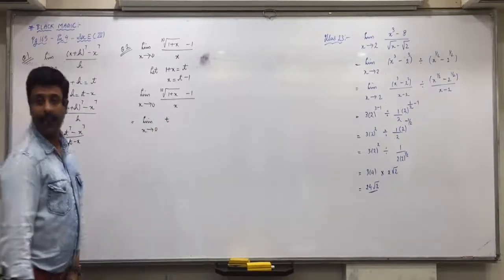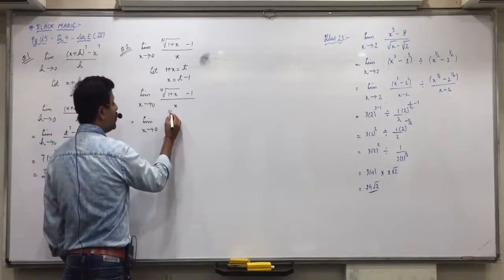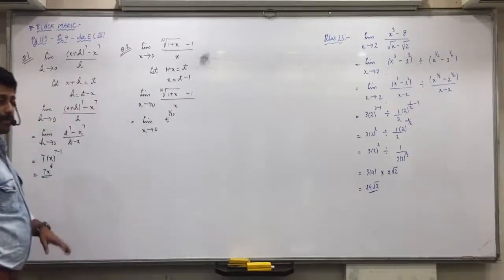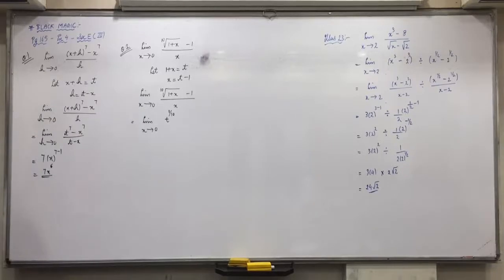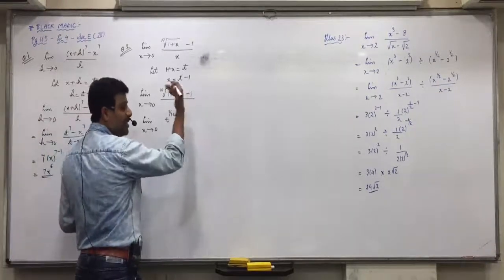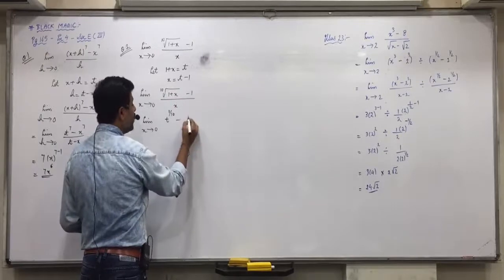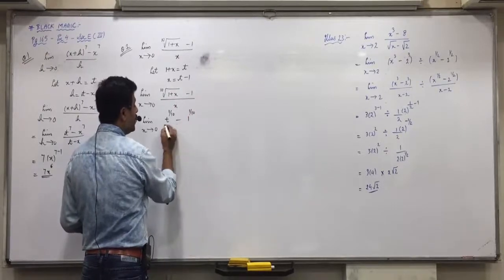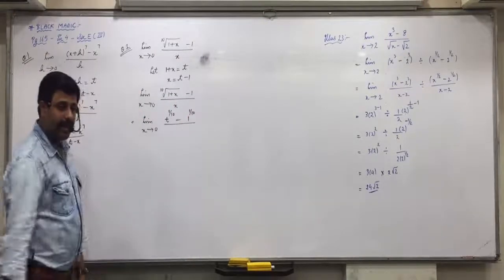Any confusion? And can I write 10th root as raised to the power 1 by 10? Raise your hand who did not understand this. 1 plus x is written as t and 10th root is written as the power of 1 by 10. 1 raised to anything is 1, so even 1 can be written as 1 raised to 1 by 10. Is everyone clear with this?